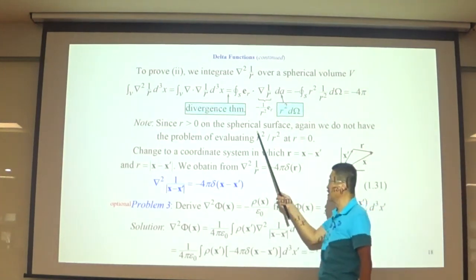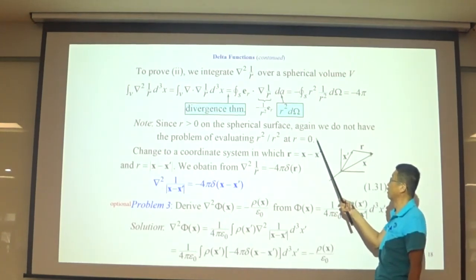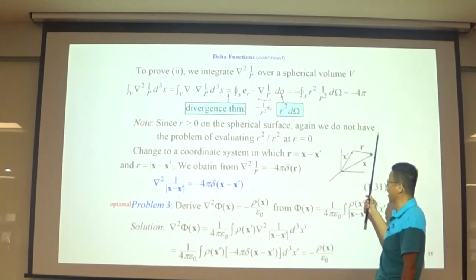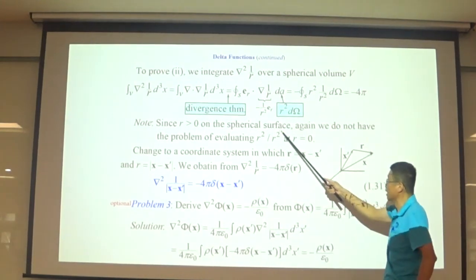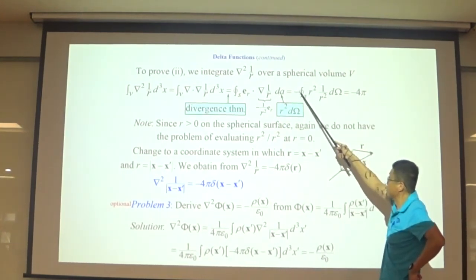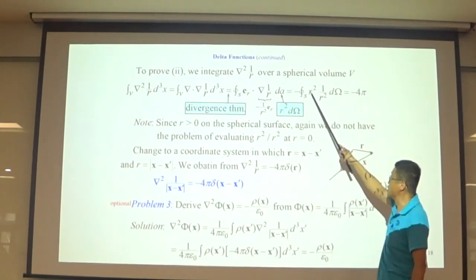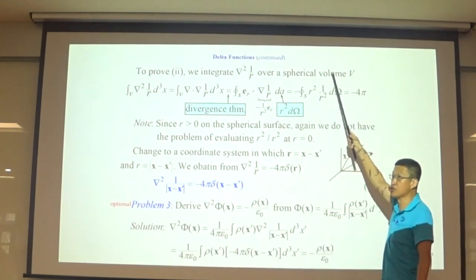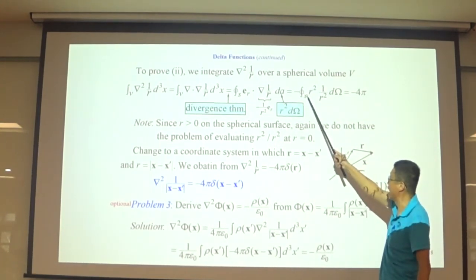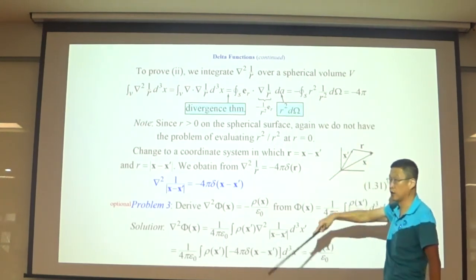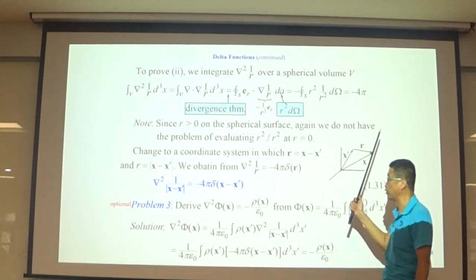The problem of evaluating r squared over r squared at r equals 0 does not arise, because r is greater than 0 on the surface, which is outside. So we don't have to deal with 0 over 0, because x is on the surface and r is not equal to 0, so we don't have to worry.